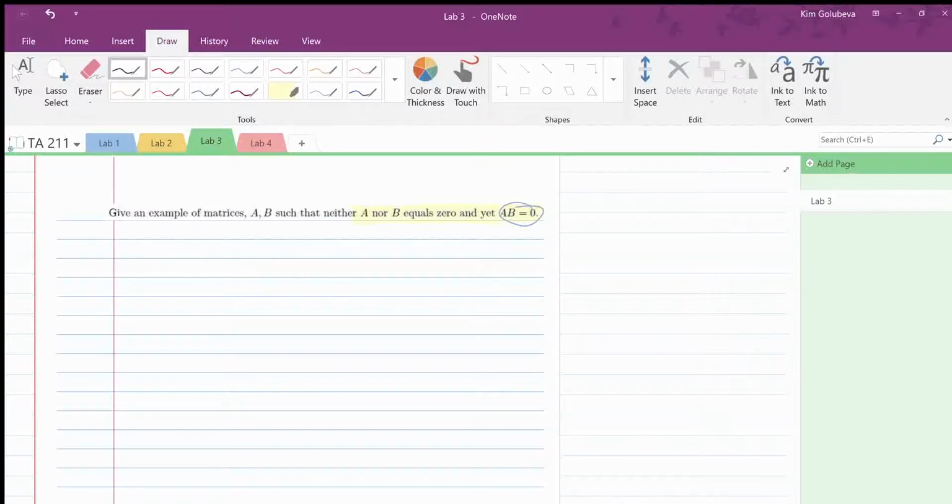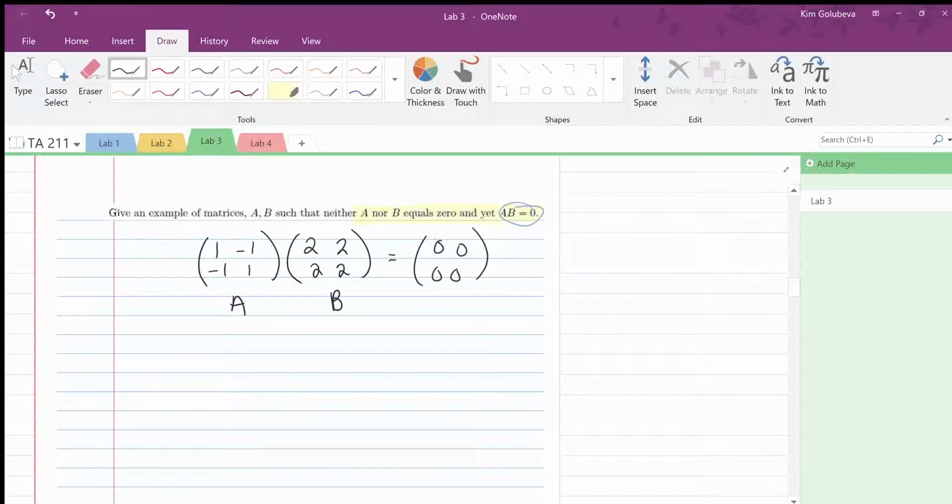So the same example from the first one applies. If we did 1 and -1, -1 and 1, and we call this A, and we multiply it by 2, 2, 2, 2, B, then that gives us a 0 matrix. So AB equals 0, but neither A is 0 nor B is 0.